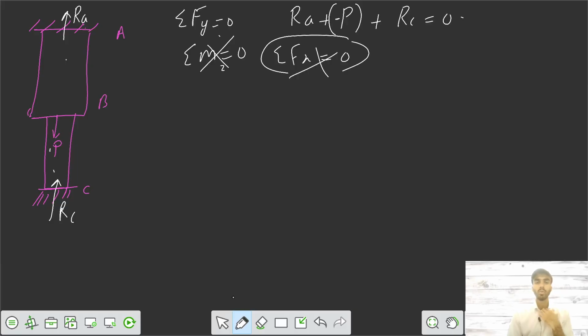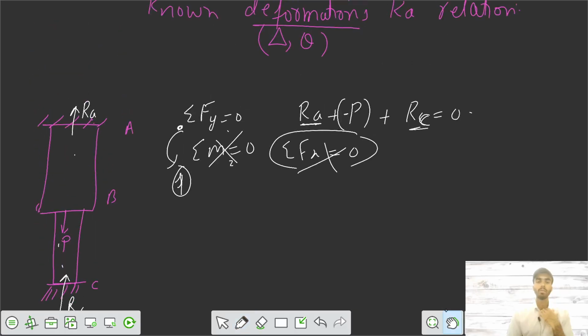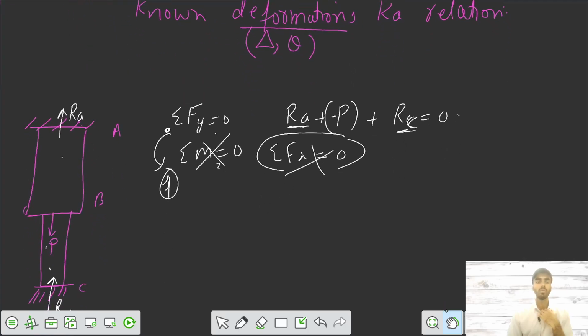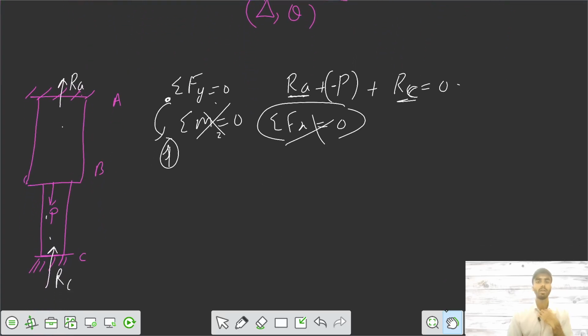So your one equation, that is summation of Fy equals 0, only one equation of statics is available, but your unknowns are two. Your reaction A and reaction C, your two unknowns are there. But if you use the compatibility condition, that gives a relation between the unknown reactions and known displacements. Do we know displacements here?